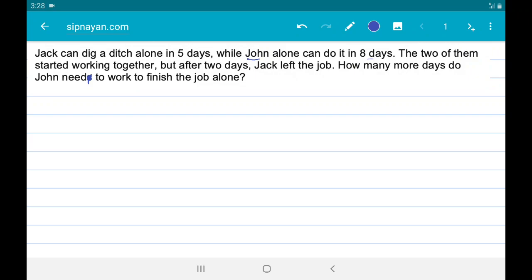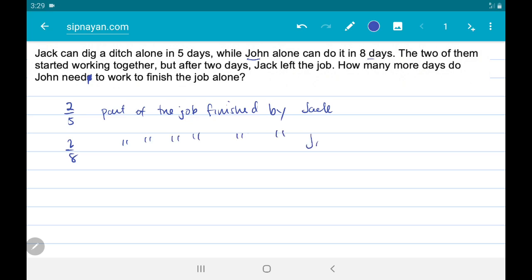Meaning, since nagtrabaho na sila ng 2 araw, so meaning 2/5 is the part of the job or work finished by Jack. Tapos yung 2/8 naman, this is the part of the job finished by John.